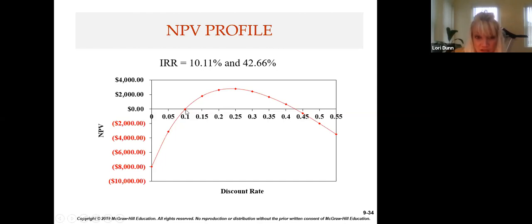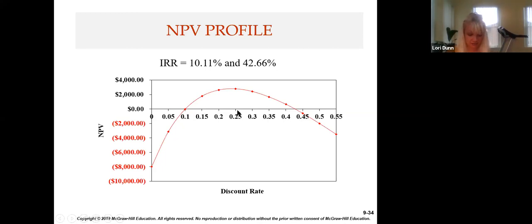Now at 0.1 or around there, 10%, it's really 10.11, that's where my net present value is 0. But now look, if it goes up to 15%, it's positive. So let's just go out to 25%.